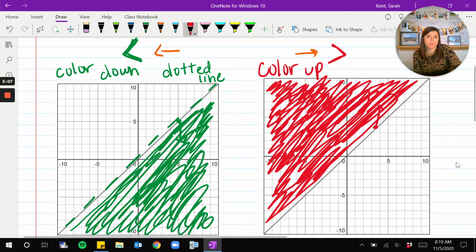So here we color up. And again, there is no line, it's just my arrow. So I want a dotted line. So I have these dashes where there's space between.